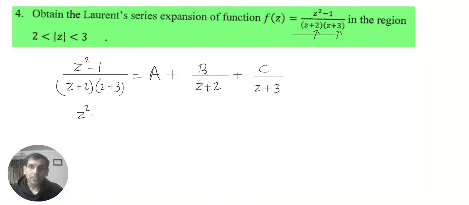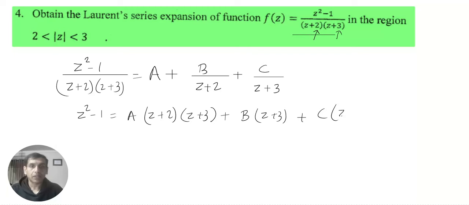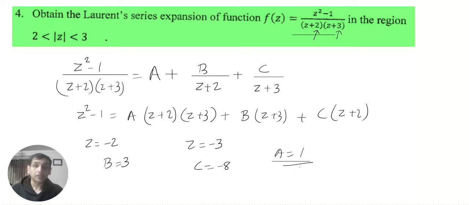So I'm going to get z square minus 1 equal to a multiplied by (z plus 2)(z plus 3) plus b multiplied by (z plus 3) plus c multiplied by (z plus 2). And I'll put z equal to minus 2, I'm getting b equal to 3 and z equal to minus 3, I got c is equal to minus 8 and I also got a equal to 1.